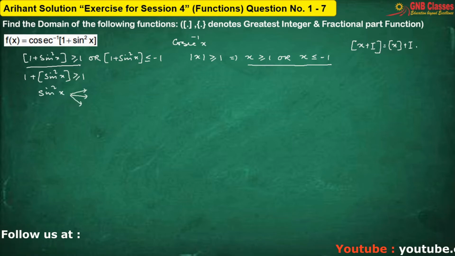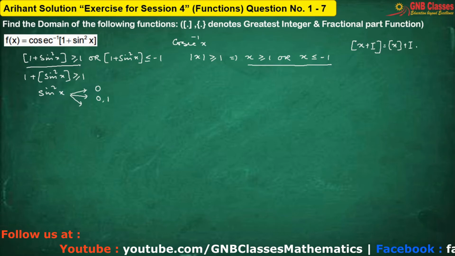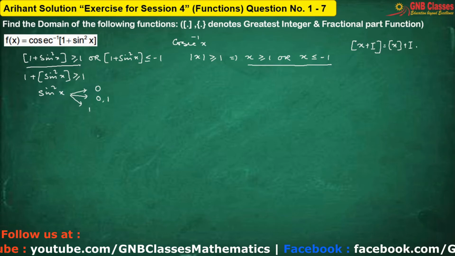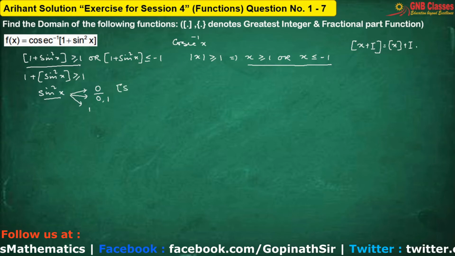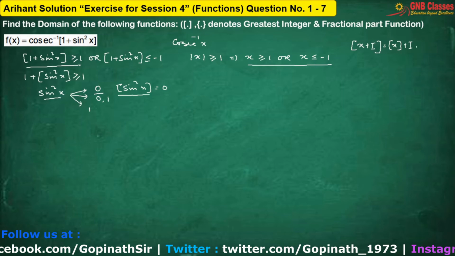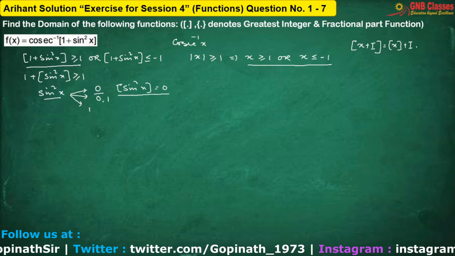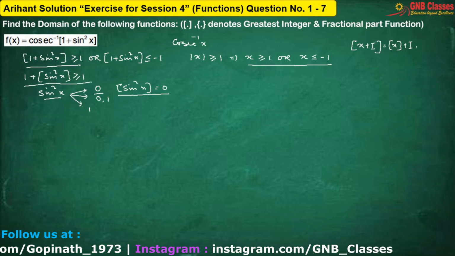Number one, sine square x can be 0. It can be any value lying between 0 and 1, or it can be 1. When sine square x is 0, then box of sine square x is also equal to 0. Now, when box of sine square x is 0, this condition is satisfied. Tell me yes or no.